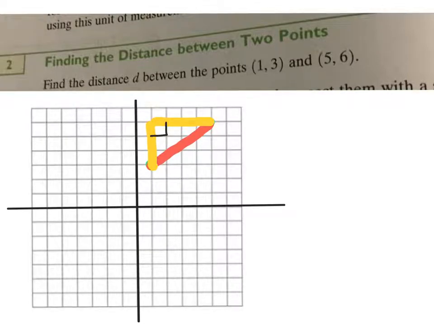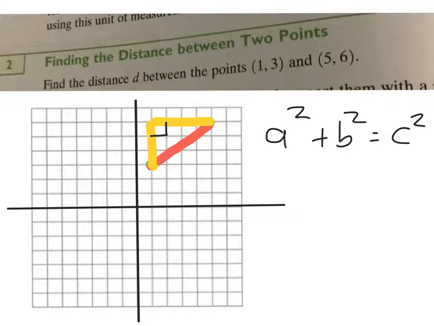Anytime you ever use rise and run like that, you will form a right triangle. And so what we're going to do is use the Pythagorean theorem, which says a squared plus b squared equals c squared. And just remember that the c must be the hypotenuse, which is represented in red here. Okay? So we don't know what the red one is, but we can find the 2 yellow sides just by counting.